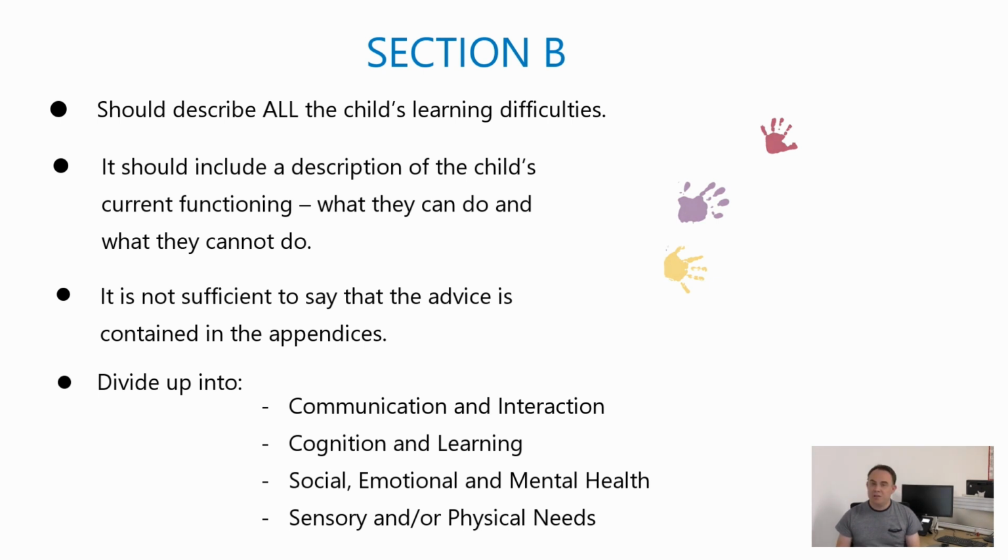Section B will generally be formed from the educational advice that's provided, perhaps from the educational psychologist, maybe a speech and language therapist or occupational therapist or a specialist teacher. The local authority may also take into account parental views, but they're going to look at the expert advice in identifying what those needs are.